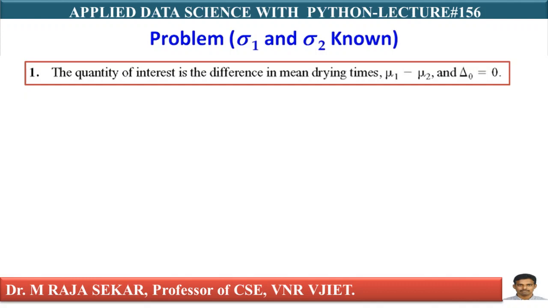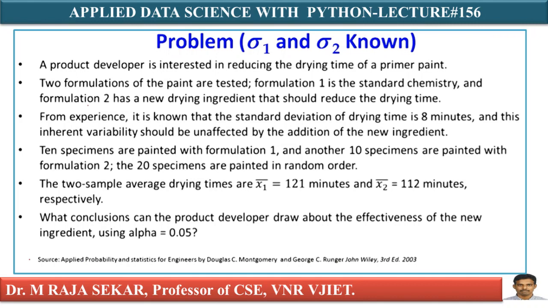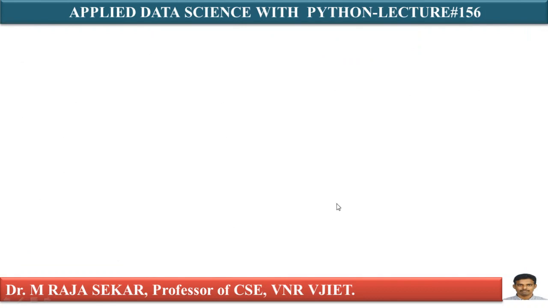Now I must formulate what the question is and what I have to check. Conclusion: can the product developer conclude the effectiveness of the new ingredient? What is the researcher's hypothesis after including the new ingredient, whether it is effective or not? It must be greater than.